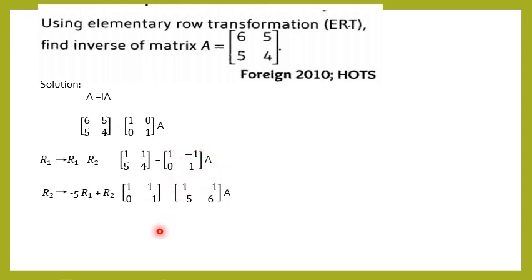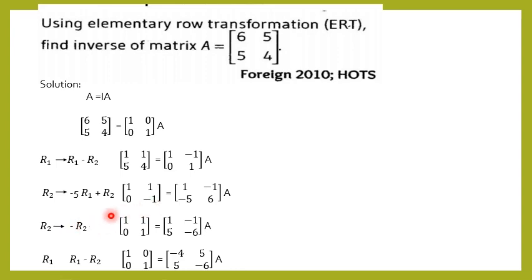Here also minus 5 into minus 1 plus 1 becomes 6. Hence, we will get this. Now, what is the next task? The second element in the second row should be 1. But here it is minus 1. How can we change this?